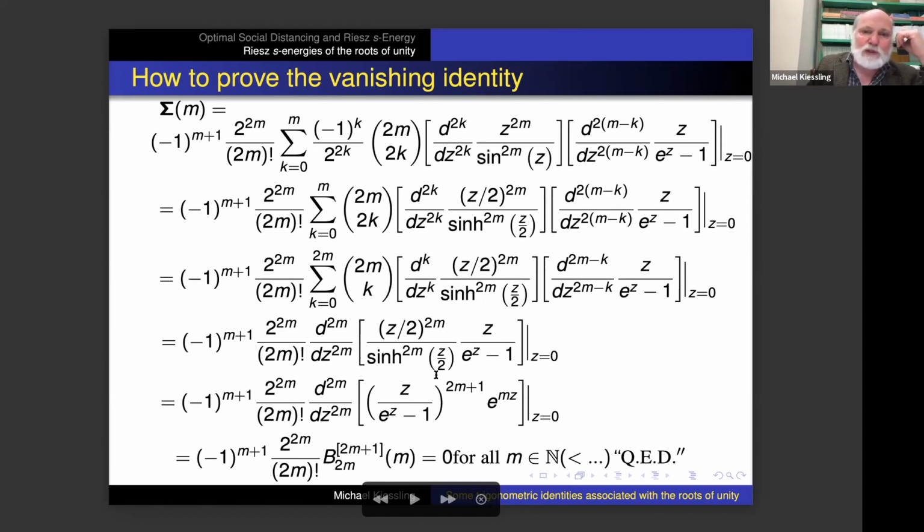So the m only shows up now as a power here, and then here you have e to negative z half. Moreover, this is then an even function. If you take the Taylor expansion of e to minus z half, you get even and odd terms, but all the odd powers at z equals 0 will vanish.